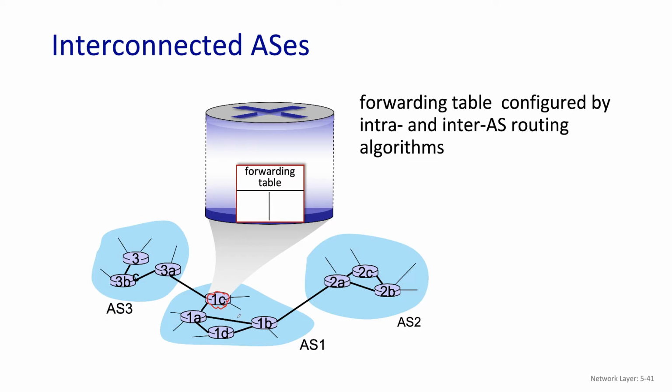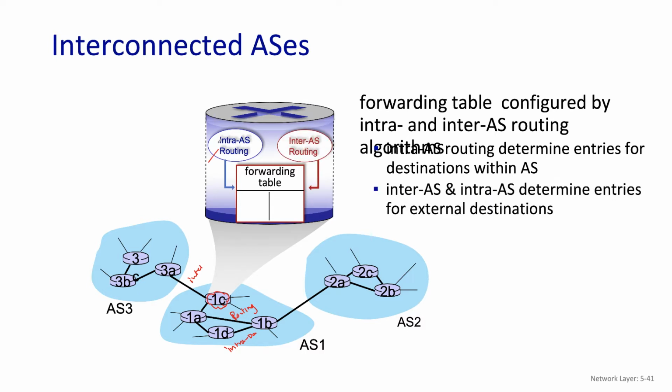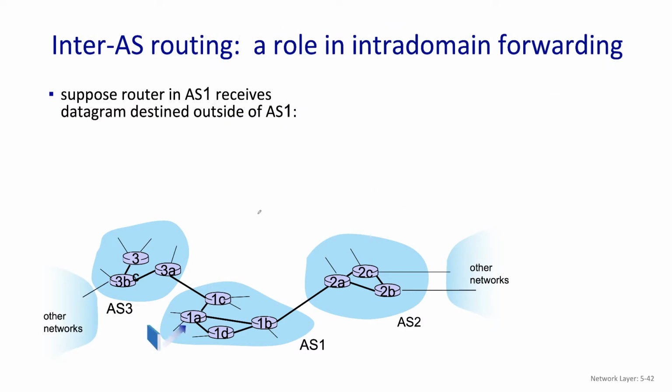We should have all the routing entries for both the intra-domain and the inter-domain, right? So as you can see here, in the forwarding table that we have in this router, for example, we should have the intra-autonomous system routing, and the same thing for the inter-autonomous system routing. Okay, so this should all be there in the forwarding table for 1C.